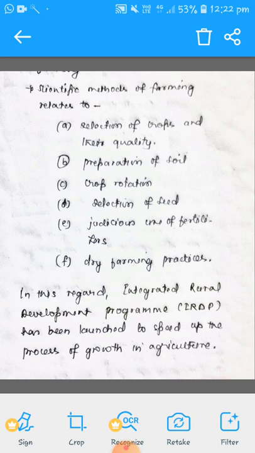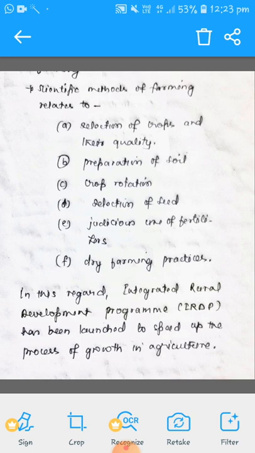In this regard, the Integrated Rural Development Program, IRDP, has been launched to speed up the process of growth in agriculture. There are various programs the government is bringing out for the development of agriculture.